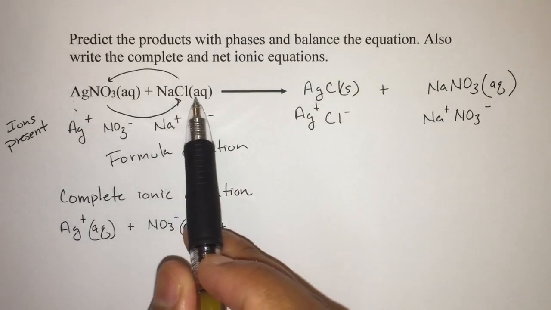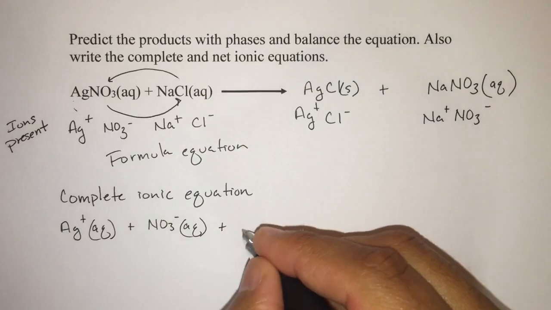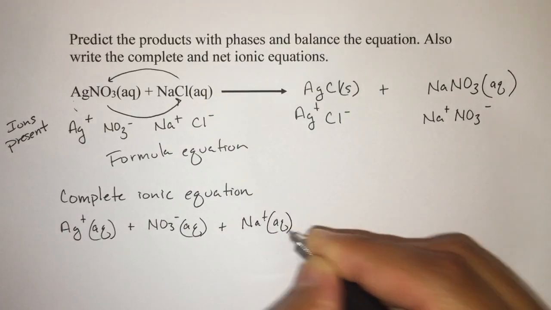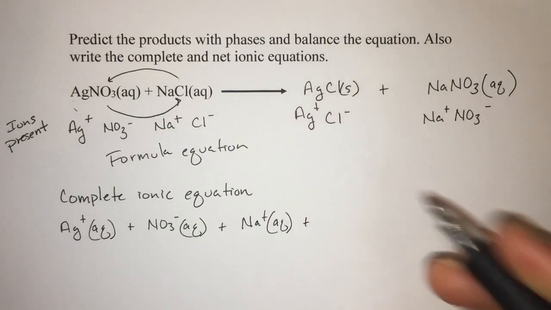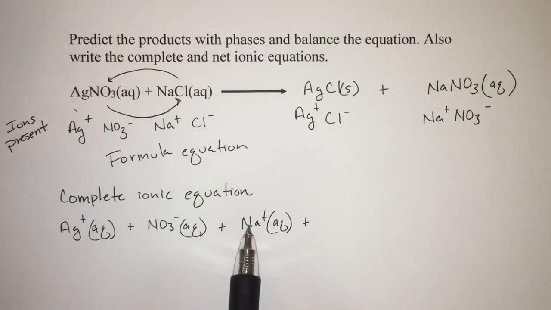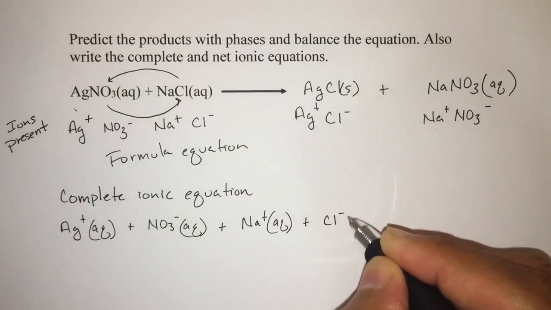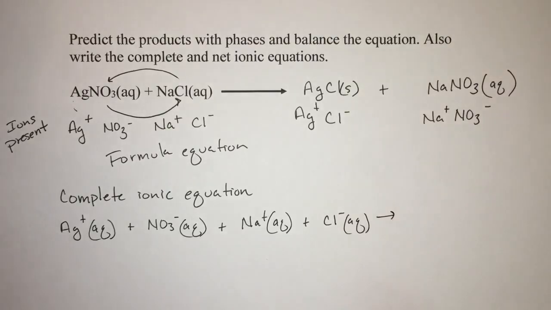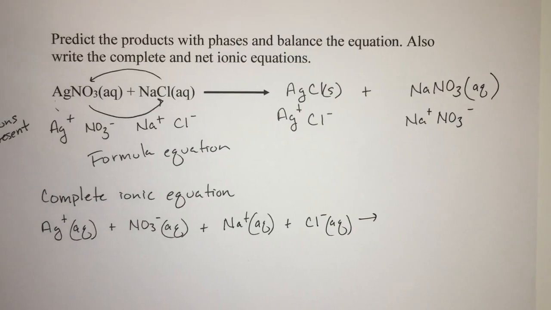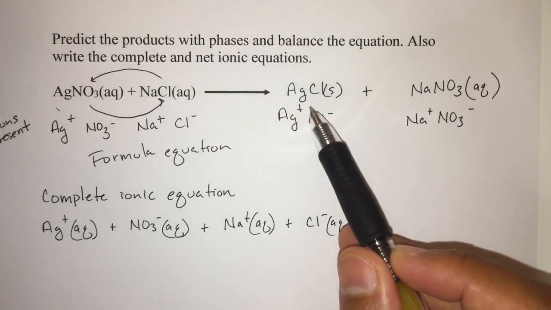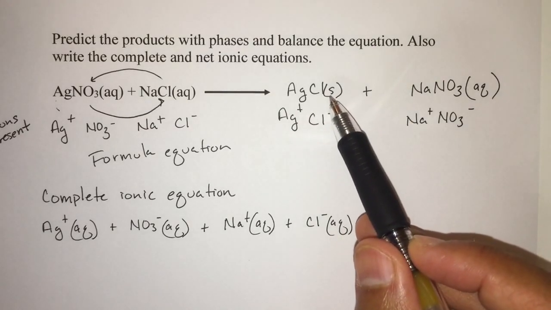For the sodium chloride, aqueous, again, we'll go ahead and write those ions that are present. There's 1 mole of sodium chloride in the balanced equation, so we'll write 1 mole of sodium and 1 mole of chloride. On the product side, silver chloride is solid.